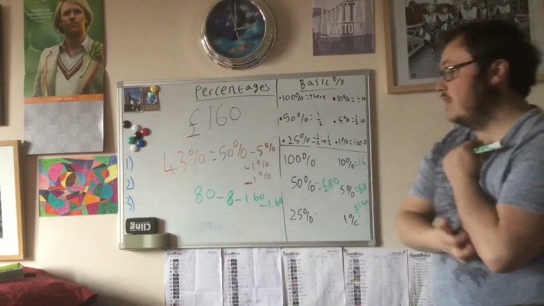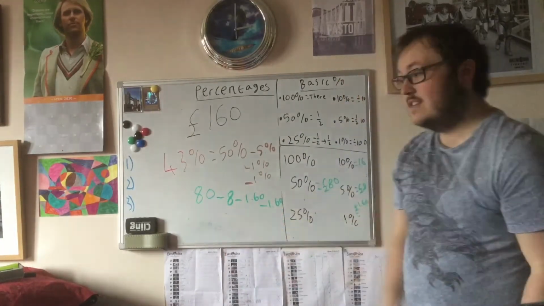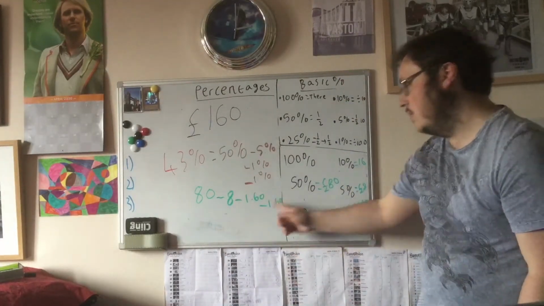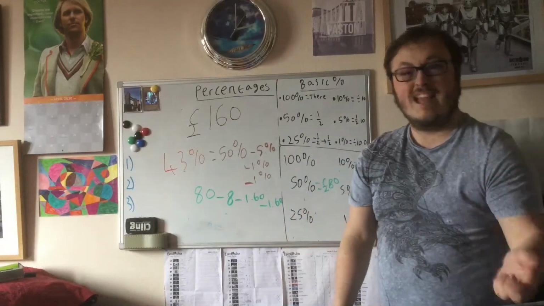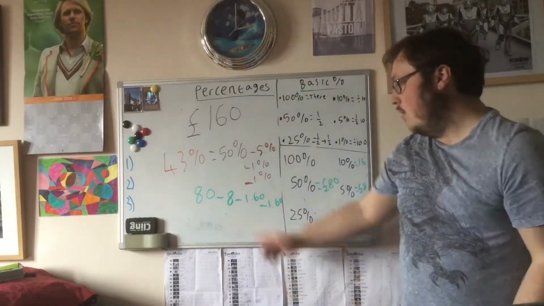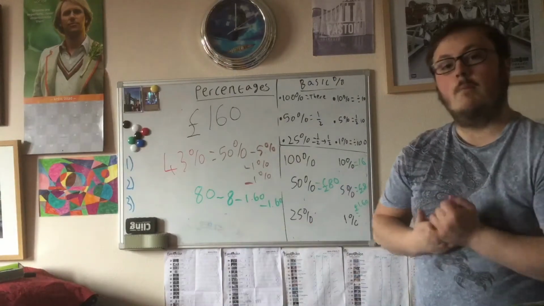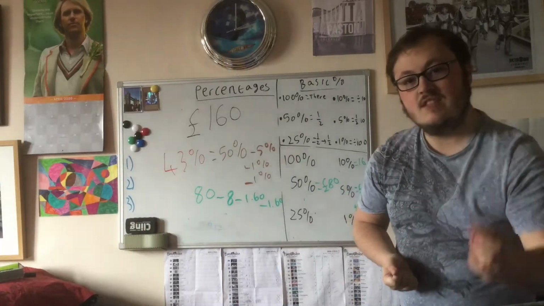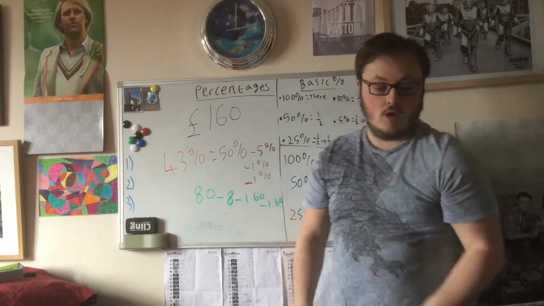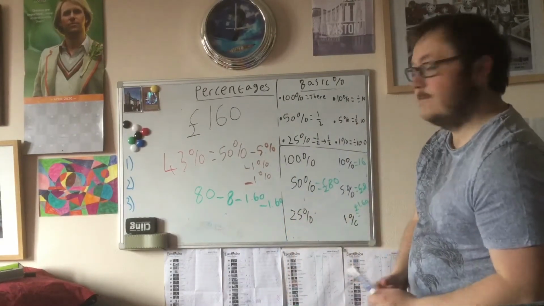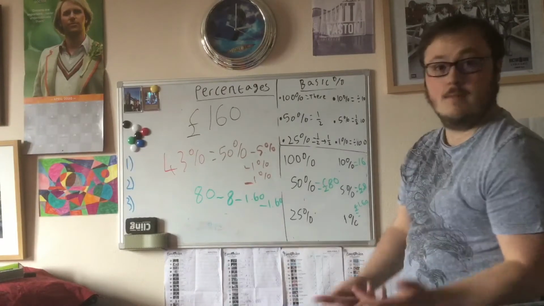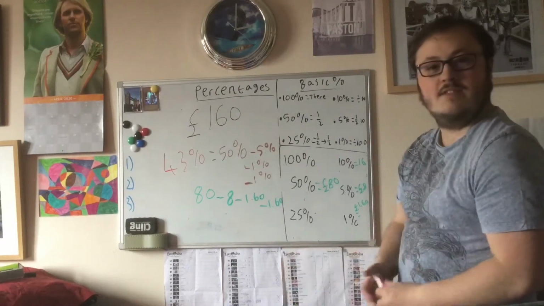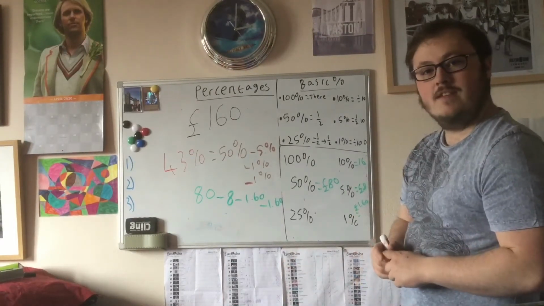Now we can solve this. So we do 80 minus 8 minus 1.6 minus 1.6. What's 80 minus 8? That will be 72. What's 72 minus 1.6? That's 70.4. And what's 70.4 minus 1.6?